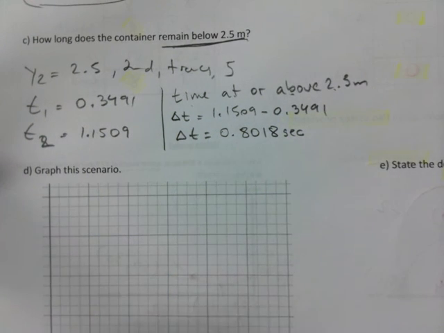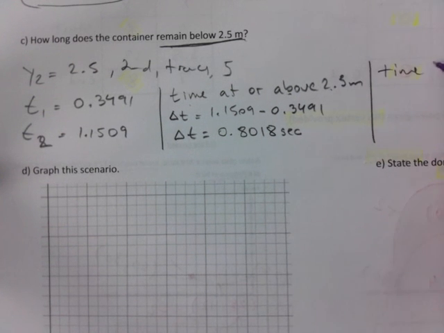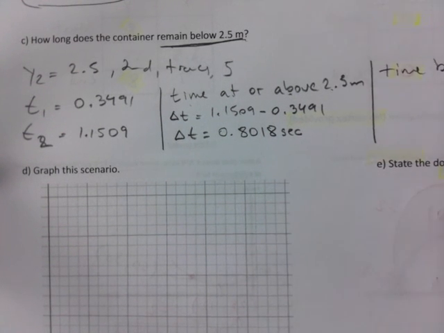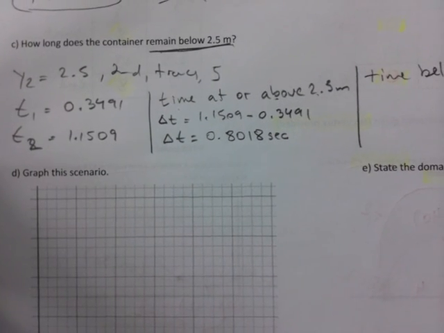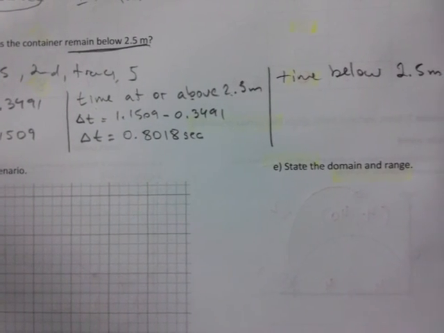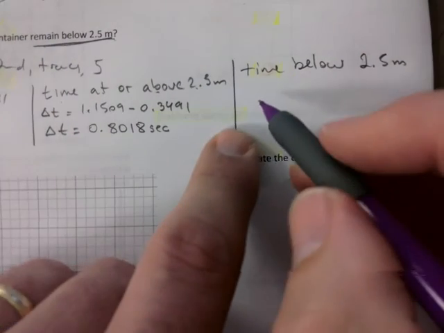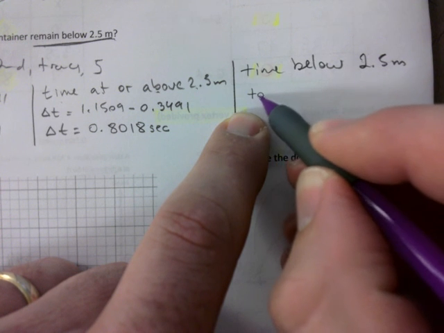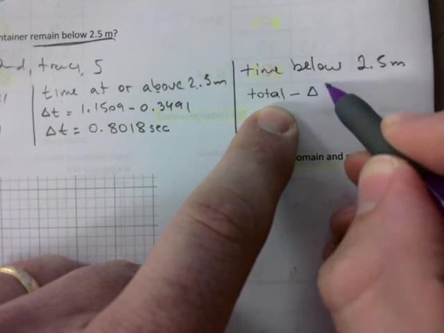So this is if the question had asked you, like if you subtract those 2 times, like you find above, right? Time below 2.5 meters. Let me just scoot over. Would be this. Total minus delta time.